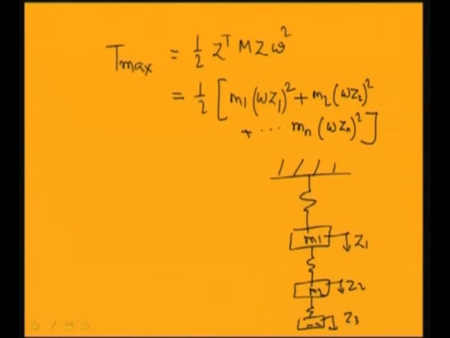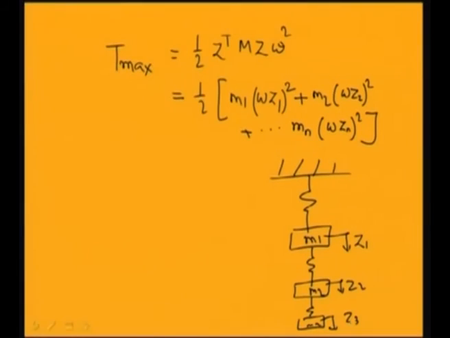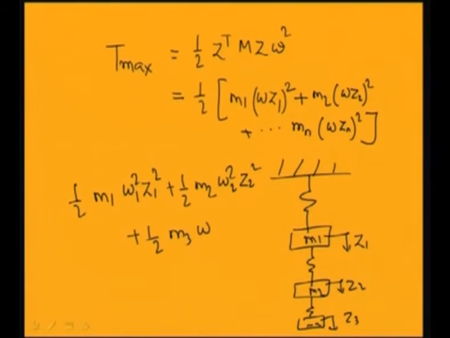Assuming z to be in the form of z sin omega t, or harmonic, omega z is the velocity.